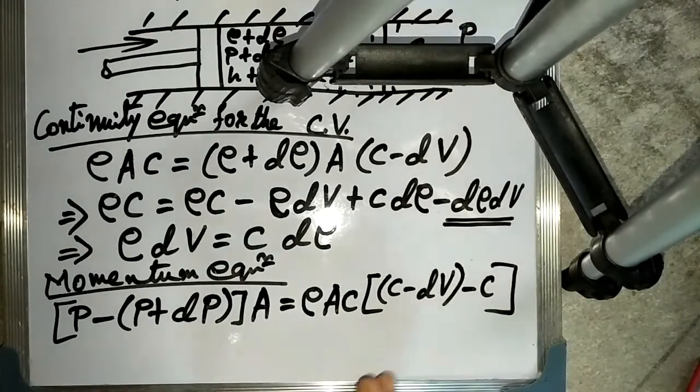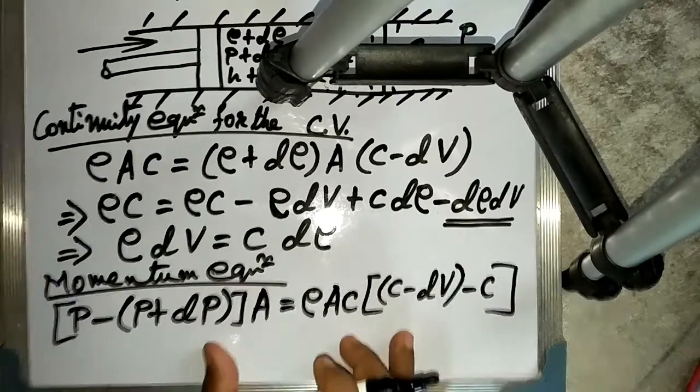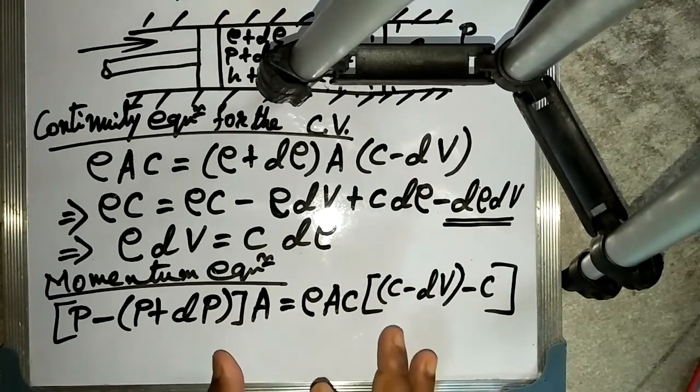So this is the momentum equation for that control volume.